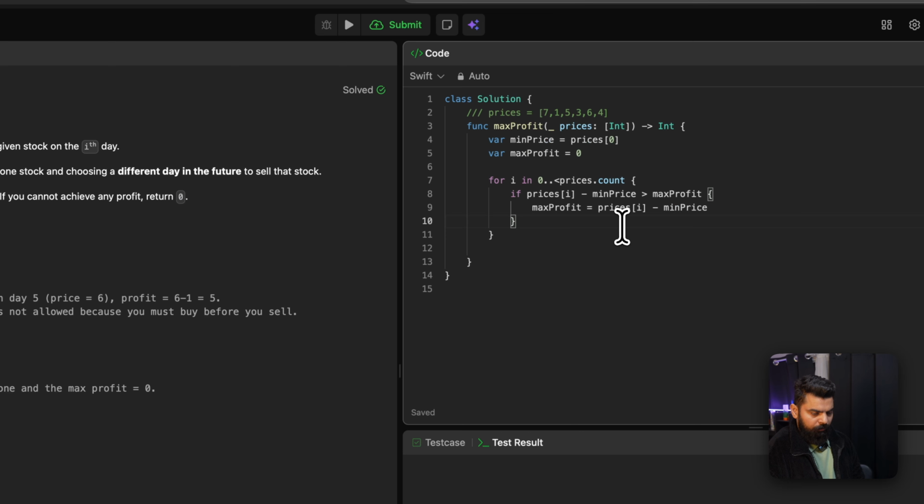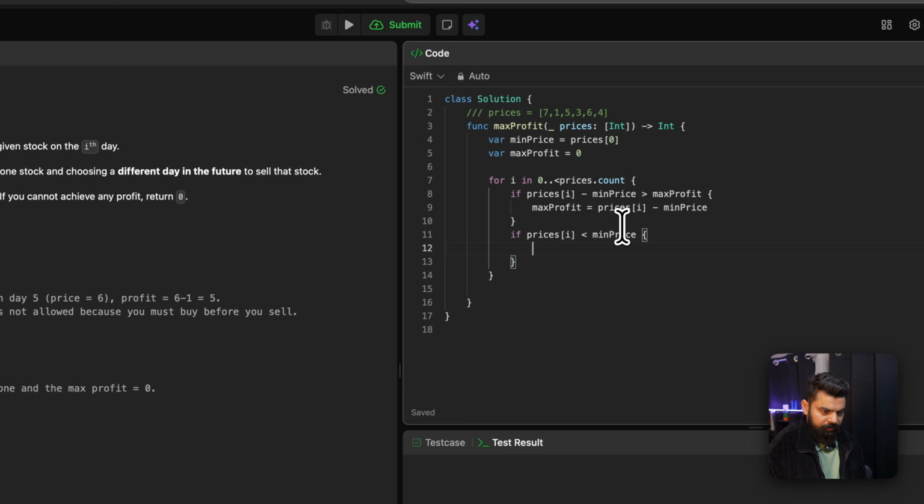And now we need to go to another condition, because we again need to update the minimum price as well. So if prices[i] is less than min price, we need to check if we get any other minimum price that we already have in the array.